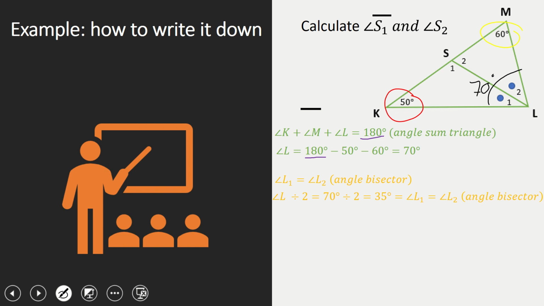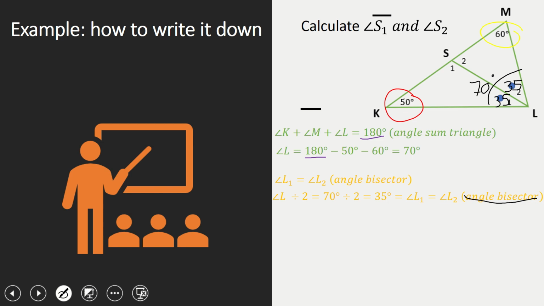So 70 divided by 2 is 35. That is equal to L1 and L2 because of the angle bisector. It's not really important to write it down over here, as long as you write it down in the first sentence. So now I know that this is 35 and that as well. And still I write it down, because it's really important to show all your information because it will help you to solve your puzzle.